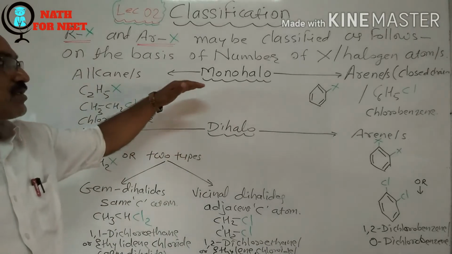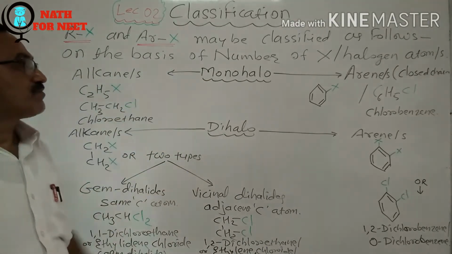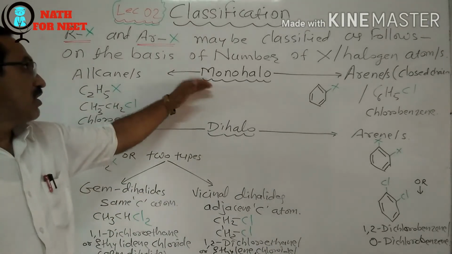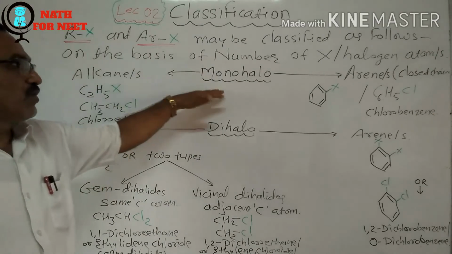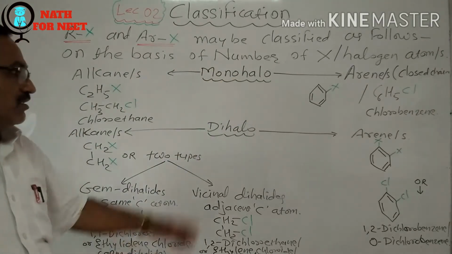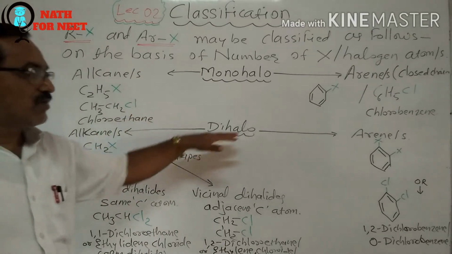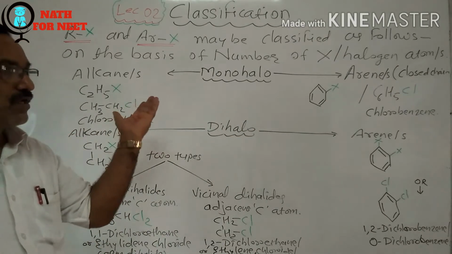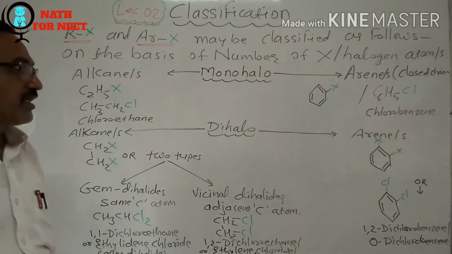They are classified as monohaloalkanes or monohaloarenes, then dihaloalkanes or dihaloarenes, then polyhaloalkanes and polyhaloarenes.